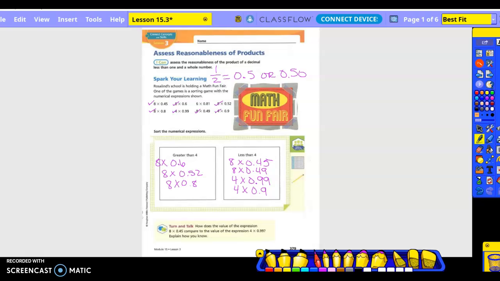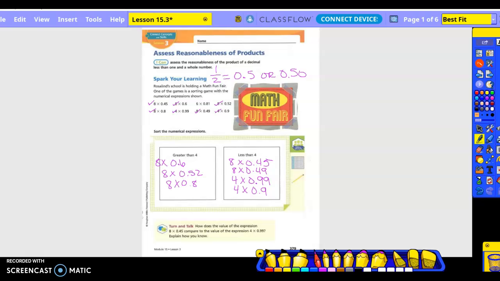Okay, and then we have this one extra one. We have 6 times 81 hundredths. Now, what do you guys think? What would it have to be at least to get there? Okay, 6 is in between 4 and 8, right?